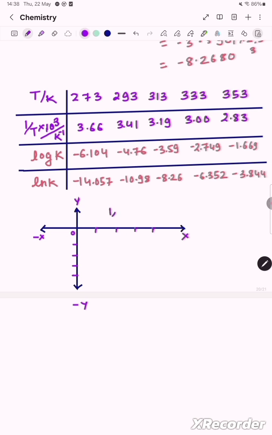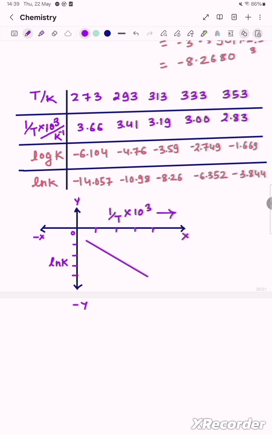This is how you represent it on the graph. Here we take the 1 by T value and here we take the ln k value, and the line will go like this. So a negative line is represented.